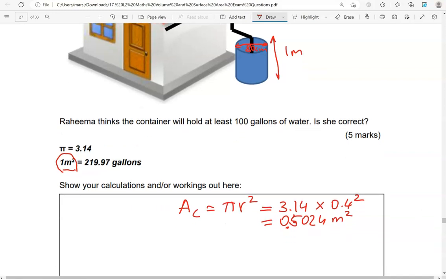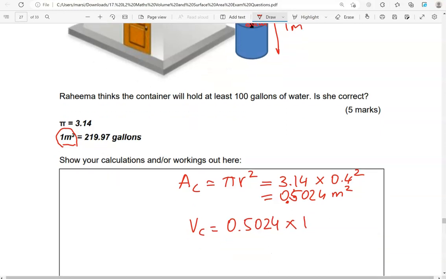So we're going to multiply it now by the height. So 0.5024 times 1, that is 1 meter. So that gives us 0.5024 cubic meters.